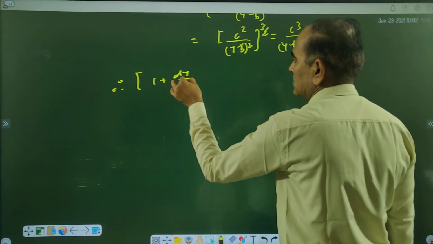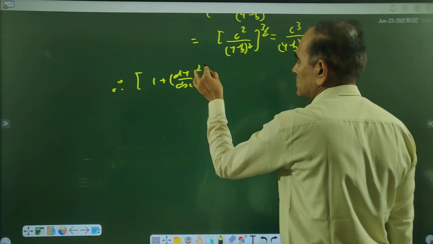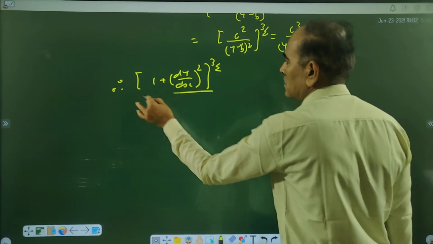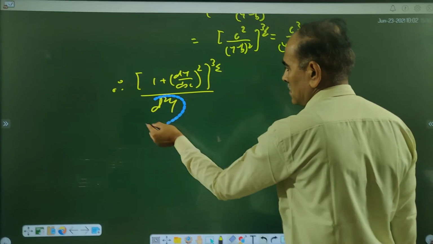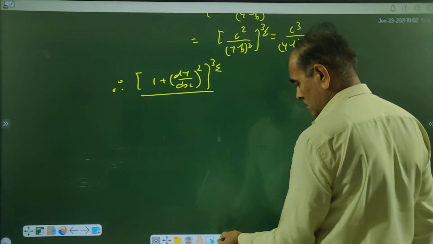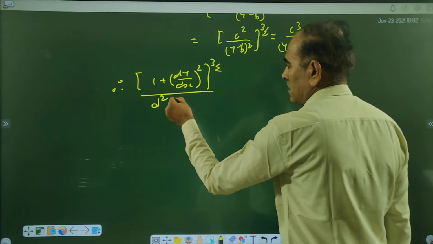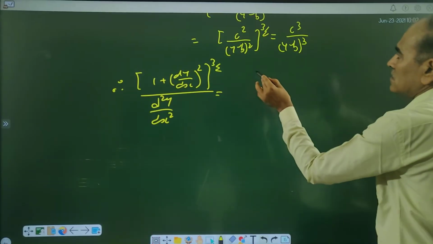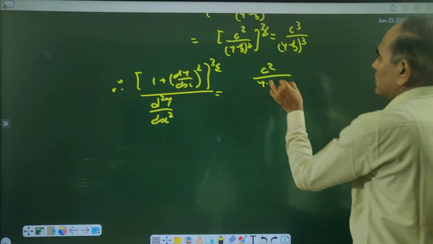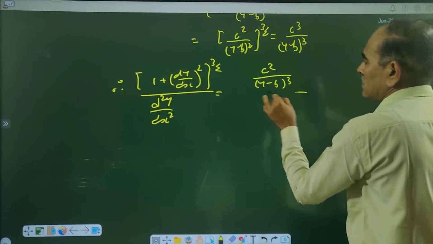1 plus dy by dx whole square raised to 3 by 2 over d square y by dx square is equal to c cube over y minus b cube divided by c square over y minus b cube.